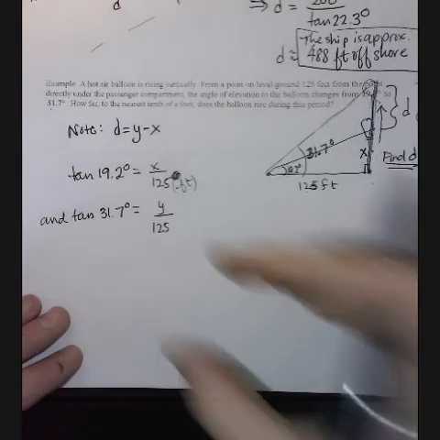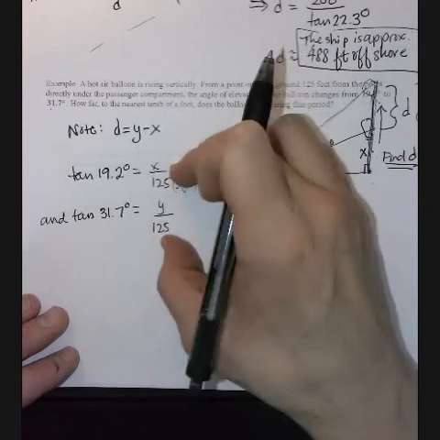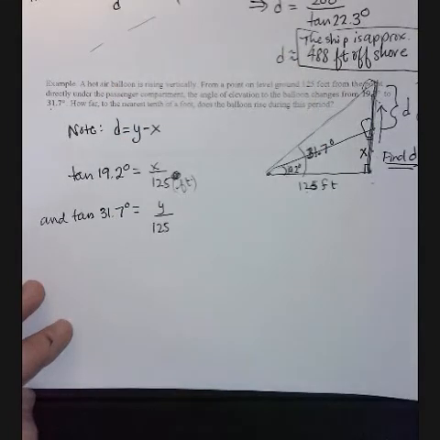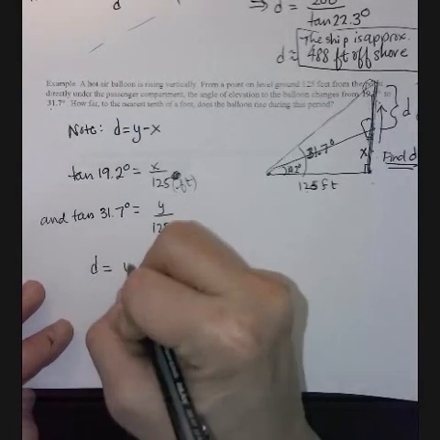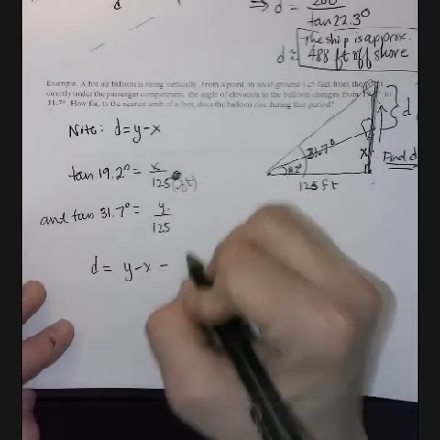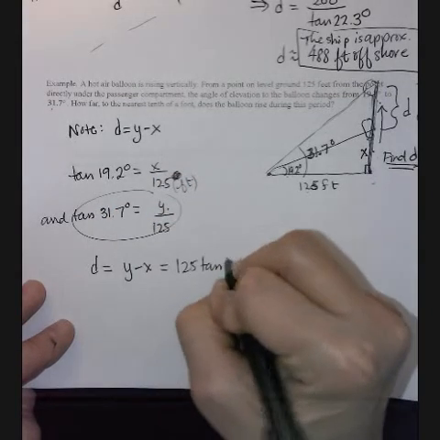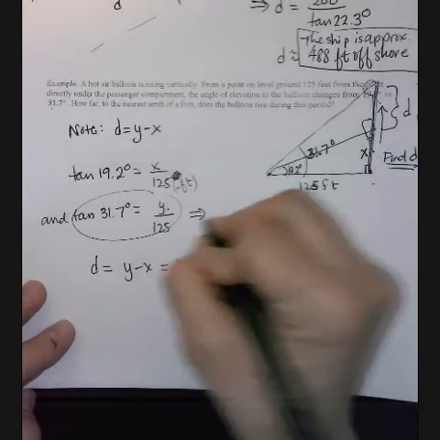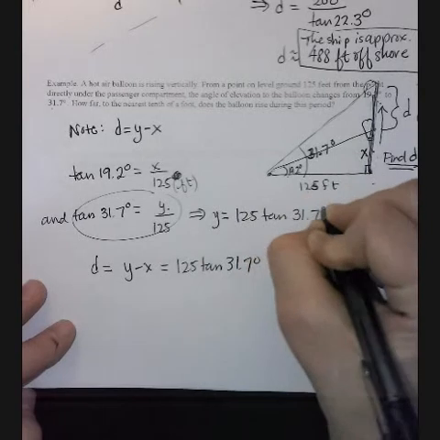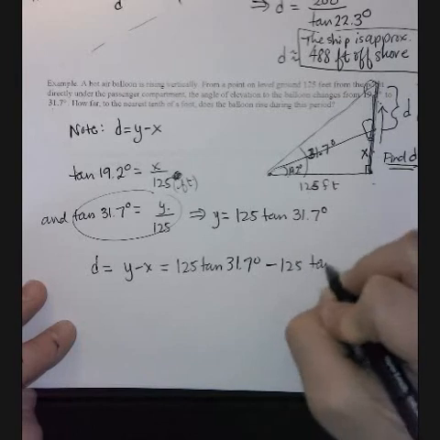So if I know this relationship, see, I can find X and Y, and then use that to find D. So D equals Y minus X, where Y equals, using this, 125 tangent of 31.7 degrees. Here, I'll write that down. And likewise, X equals 125 tangent of 19.2 degrees.